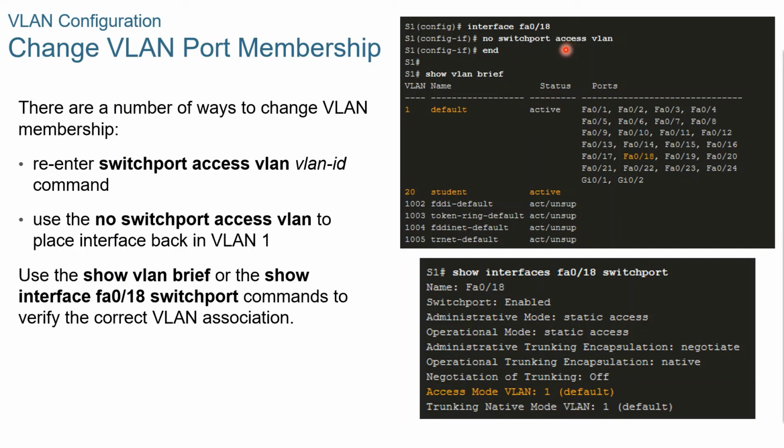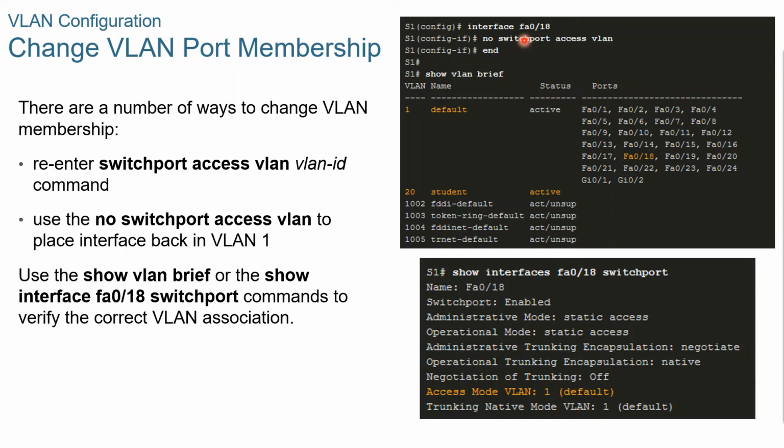Also in the output, Fa0/18 is configured to be on the default VLAN as confirmed by the show vlan brief command here. Show vlan brief confirms that Fa0/18 is now a member of VLAN 1, after we switch it back to the default VLAN.